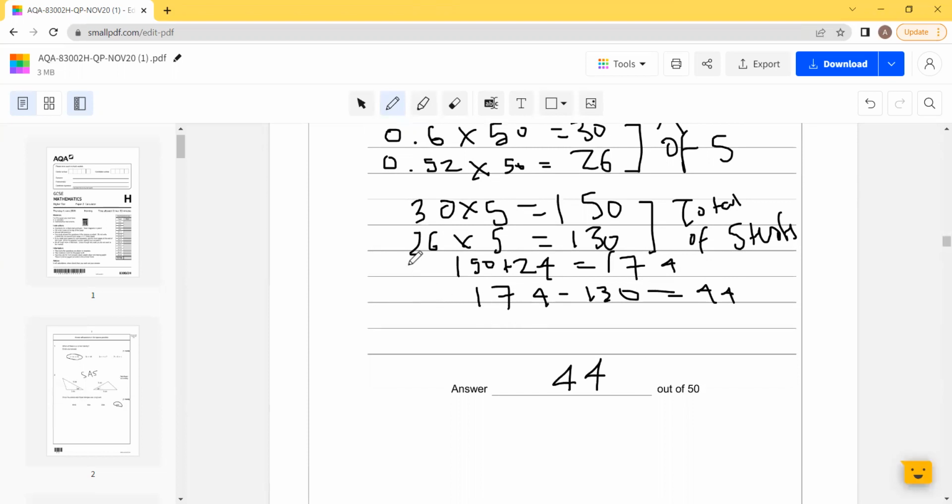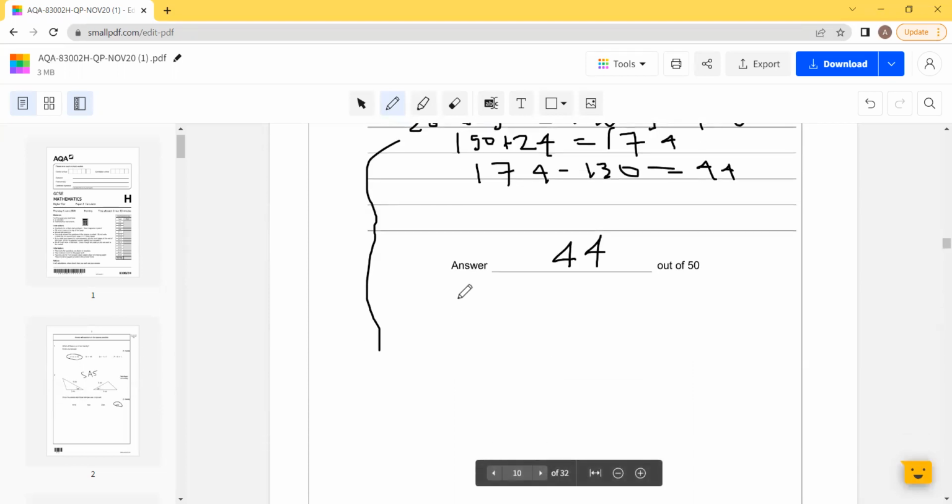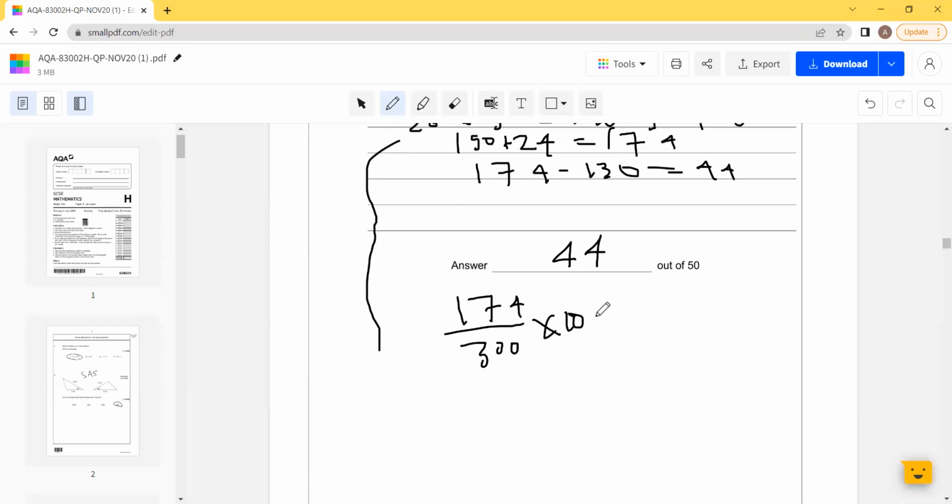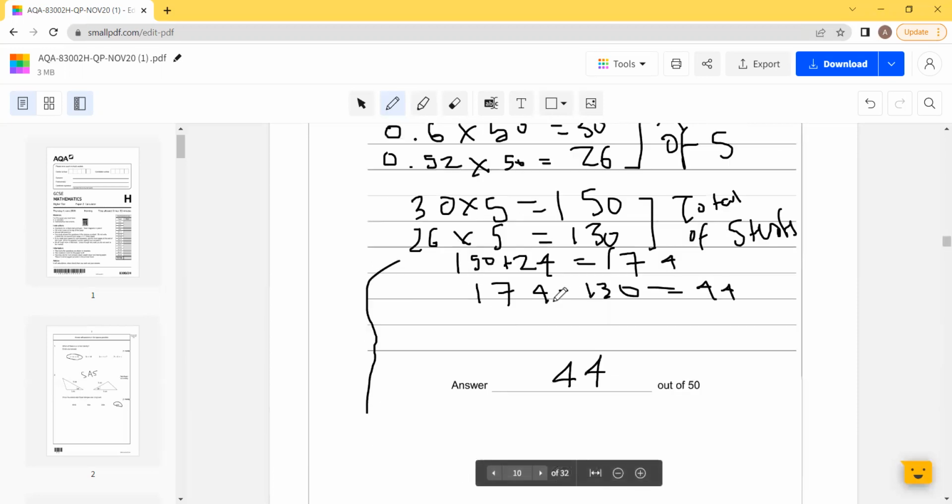There's also a long way to do it if you just want to do extra steps. So what you can do is 174 divided by 300 times 100, which is 58%. So this is what Alex got as an average after 6 tests.